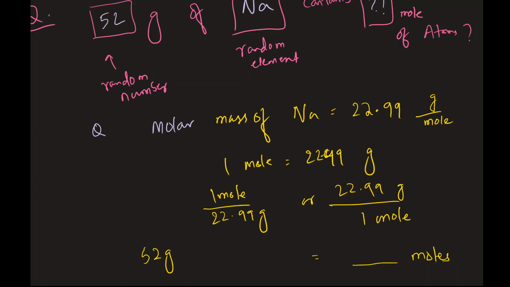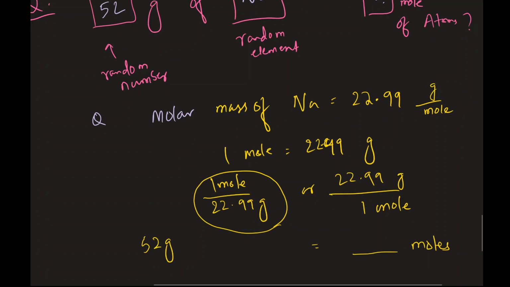So the conversion factor that has moles on top is this one. Then plug it into the calculator and find your answer. Sounds good? Alright, I'm going to stop here, and we're going to jump into molecular mass from now onwards.